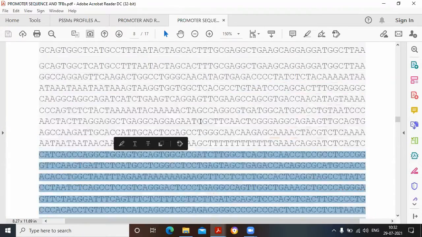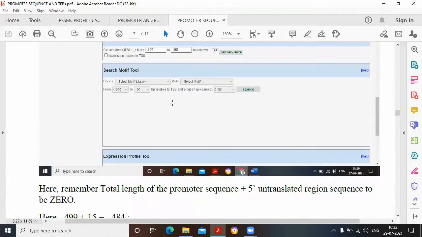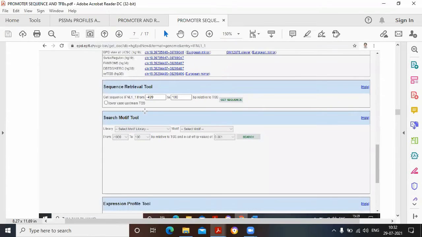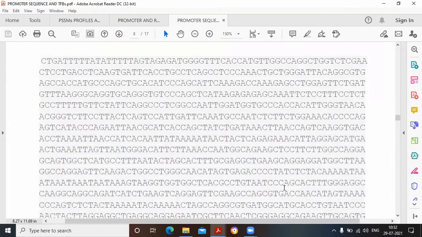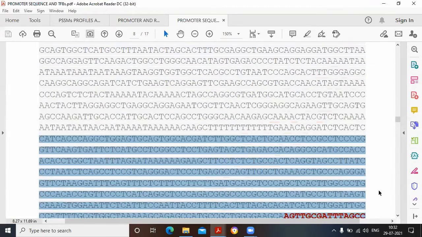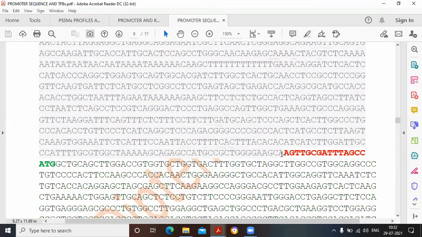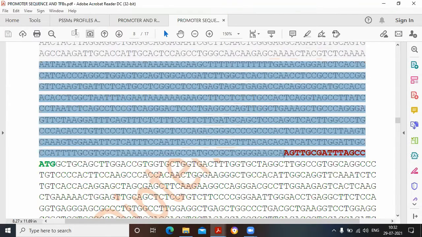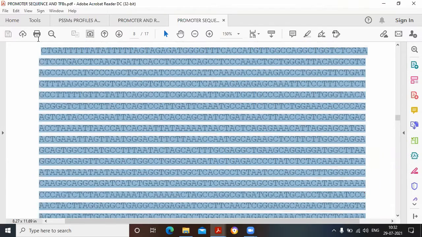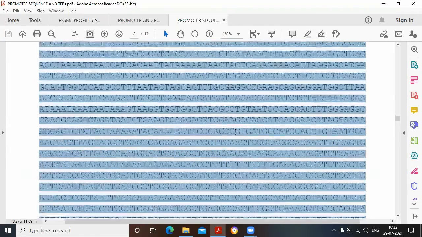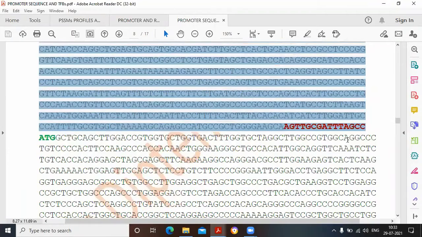These sequences indicate the total regulatory region where regulatory elements can bind and ultimately control the promoter activity.